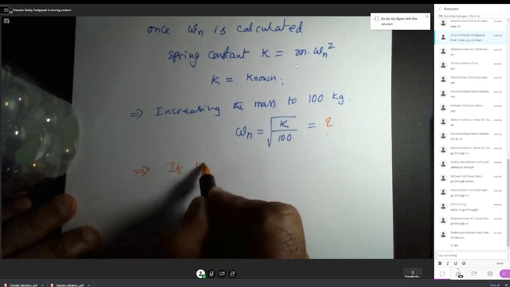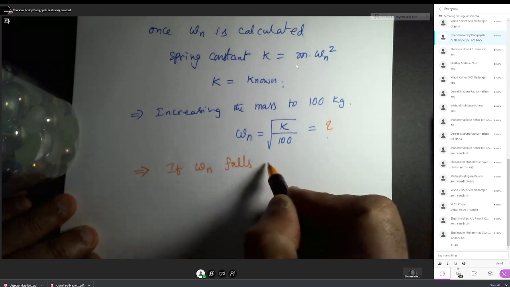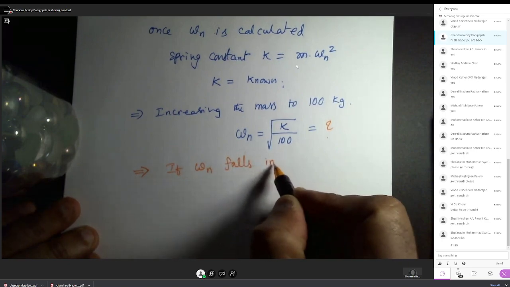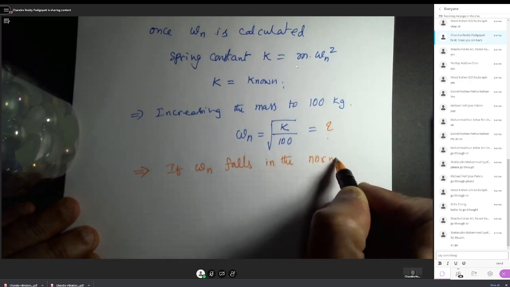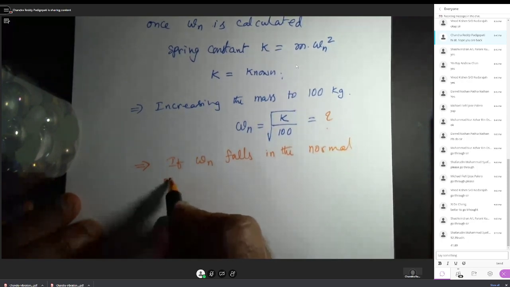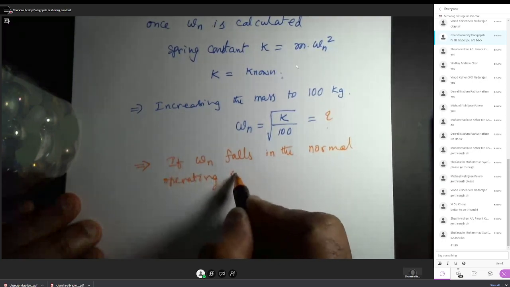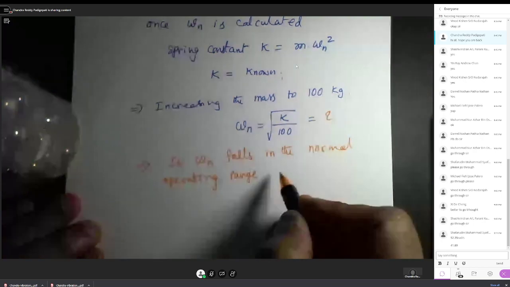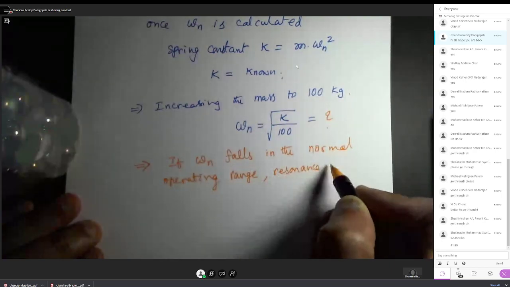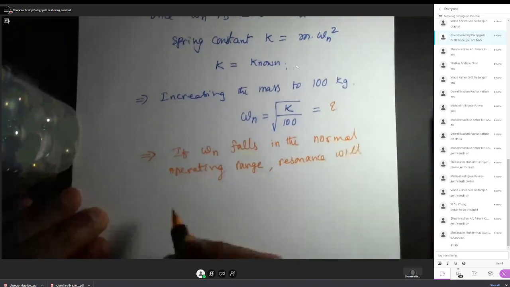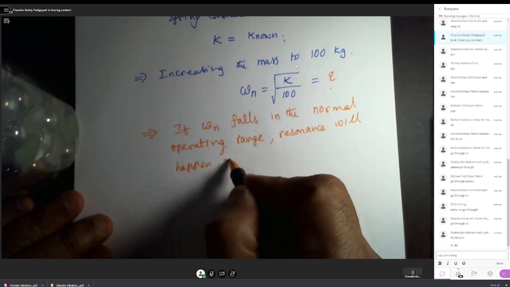If omega n falls in the normal operating range, resonance will happen and should be avoided.